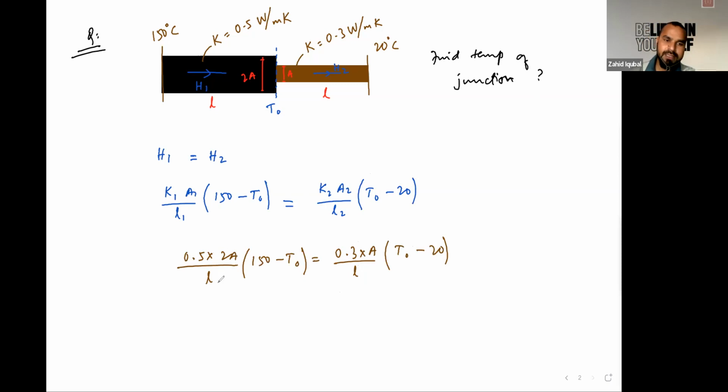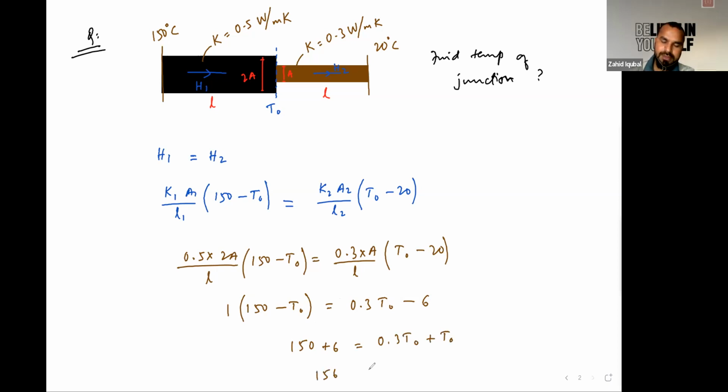A by L will cancel out. 0.5 into 2 will be 1, multiplied by 150 minus T naught equals 0.3 into T naught minus 0.3 into 20, which is 6. So move this T naught to right side and 6 to left side. So 150 plus 6 equals 0.3 T naught plus T naught.